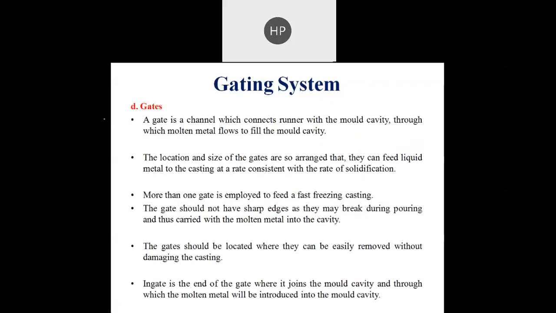Then the fourth part is a gate. A gate is a channel which connects a runner with the mold cavity through which molten metal flows into the mold cavity.